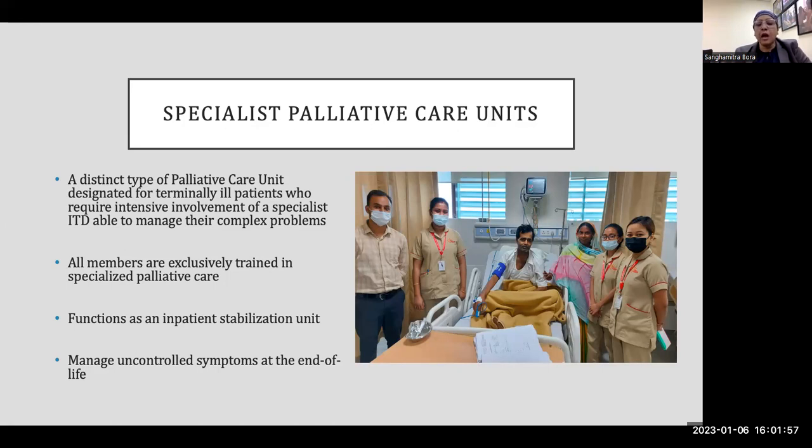In the picture, you can see this is one of my units in Assam Cancer Care Foundation. This patient came with severe pain, and we did an IV morphine trial, after which the patient was able to sit. You can see the wife smiling also. So we took consent from this patient to click this picture, because he was tossing around in severe pain before we managed the pain.